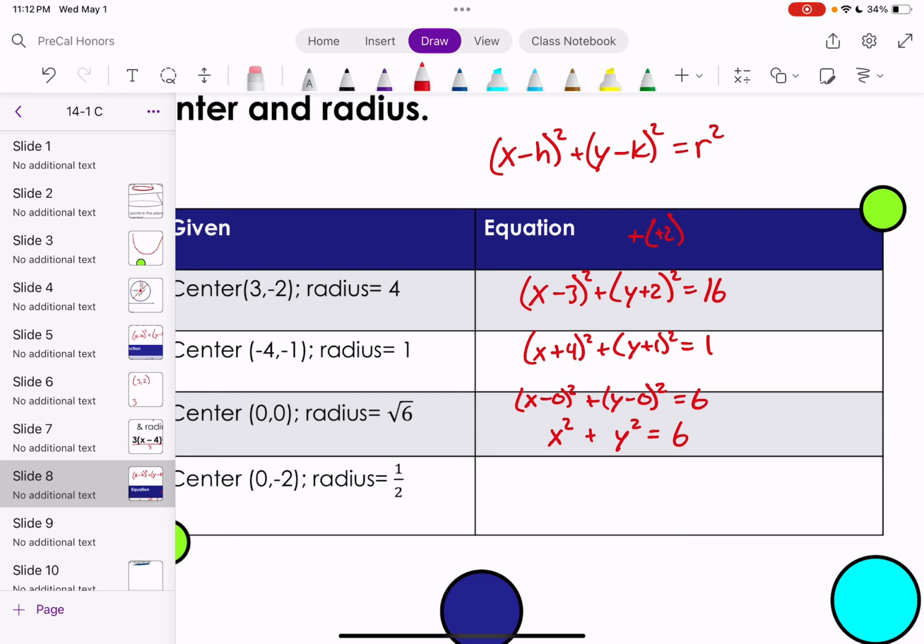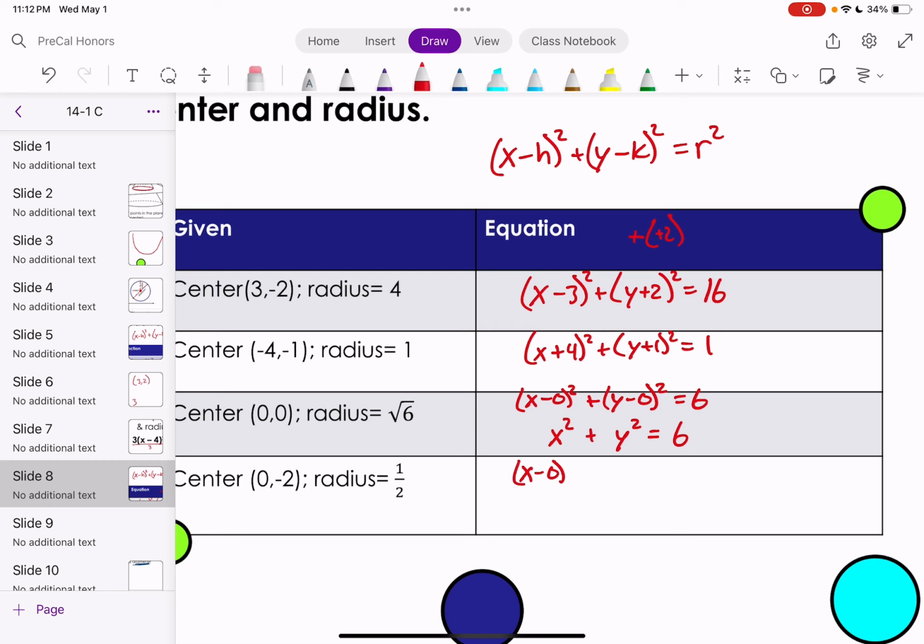Our last question is the center being at 0, negative 2, which means x minus 0 squared plus y plus 2 squared is equal to 1/4.